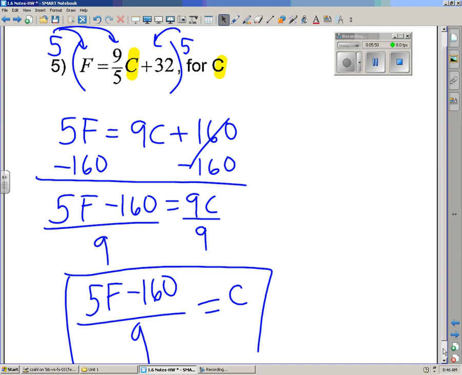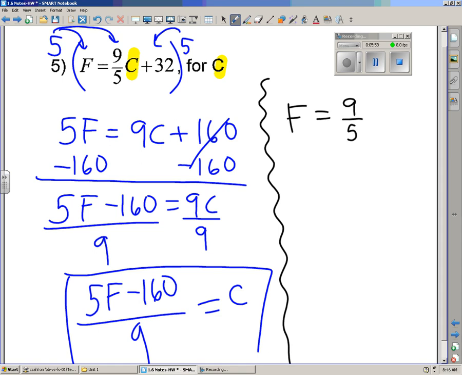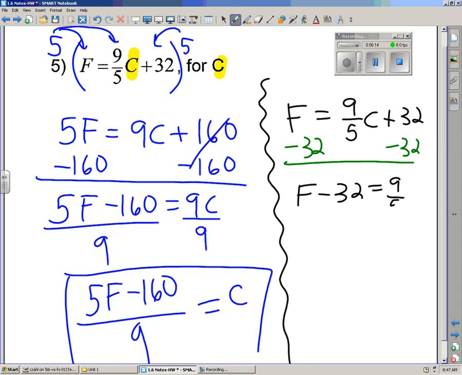If you want to do it the other way, without eliminating the fraction first, you can do that as well. So here's the other way. F equals 9/5 c plus 32. Here what you would do first is subtract 32 on both sides, and you would get f take away 32 equals 9/5 c.